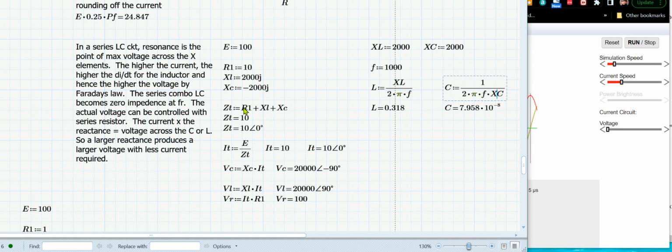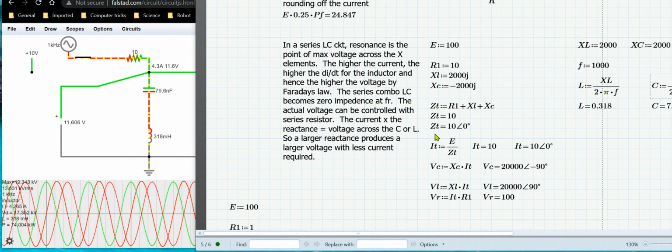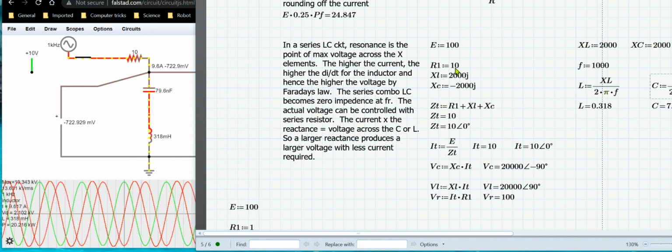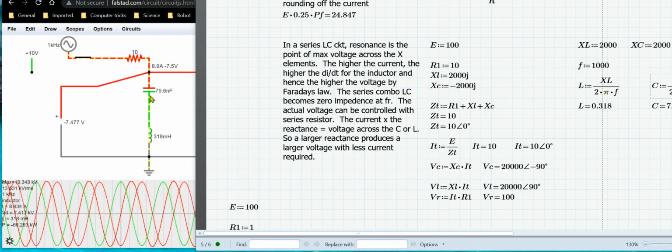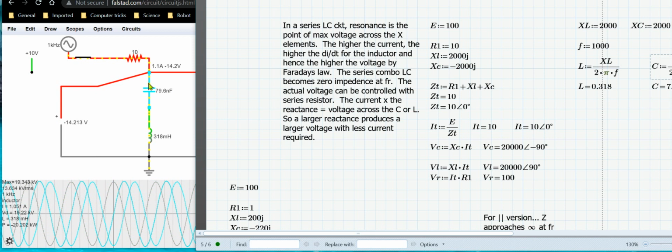And like I said, I drew that conclusion because I always wondered what was required to generate the high voltages in a series resonant circuit. When I was doing this problem, I had the epiphany: it's the amount of current you have flowing through it versus the actual reactance of the two components.